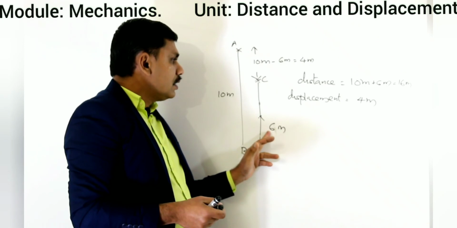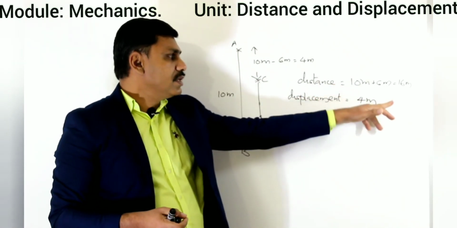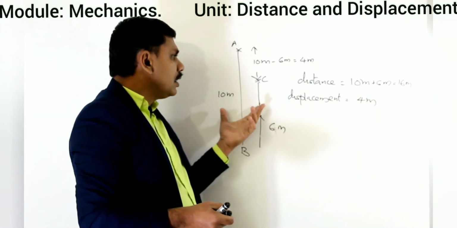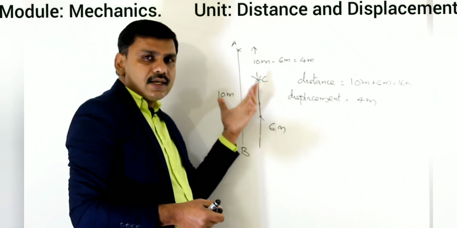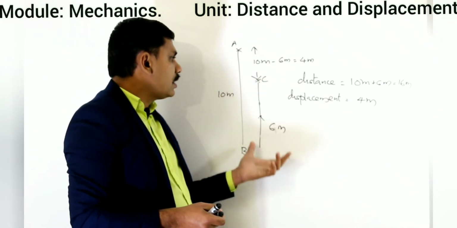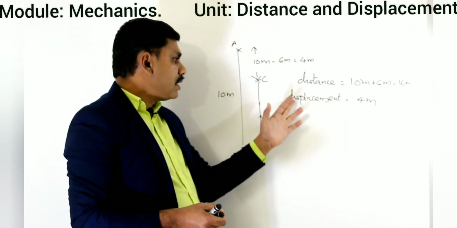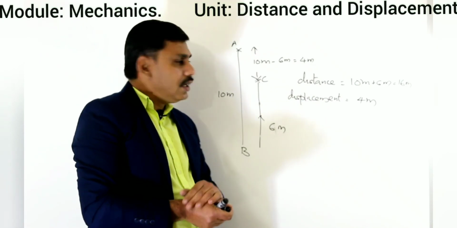So it will be 10 plus 6 meter, it is 16 meter. So here we are finding distance and displacement. Both are different, because displacement is a vector quantity and distance is a scalar quantity.